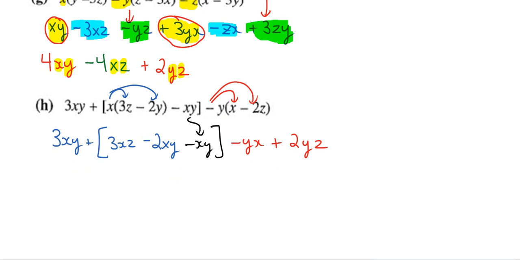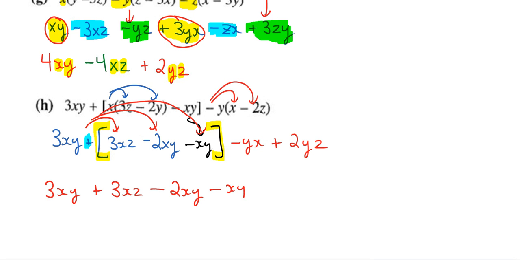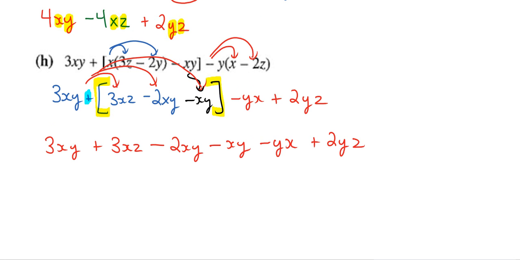Now we want to get rid of these brackets here highlighted in yellow, and since I have this positive sign, the positive sign will distribute right through the brackets just like in section 5.4. So this will be 3xy plus 3xz minus 2xy minus xy, and then all these other guys remain the same. Now all you have to do as a student is find the like terms.